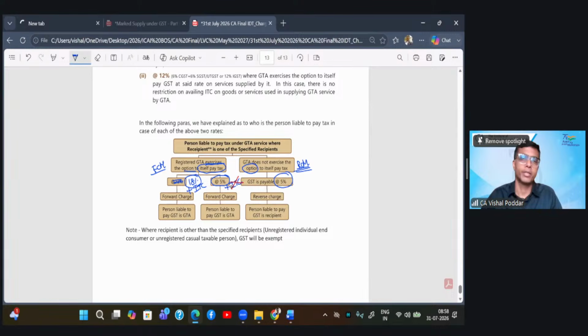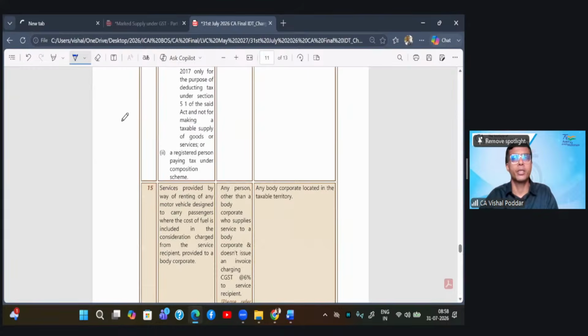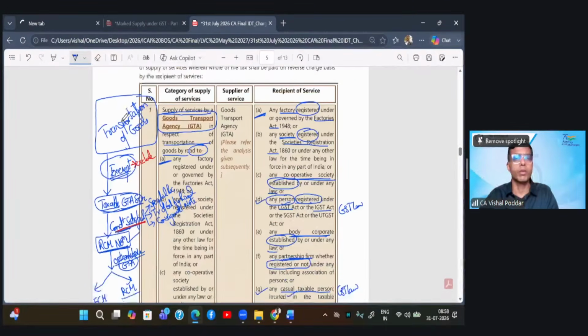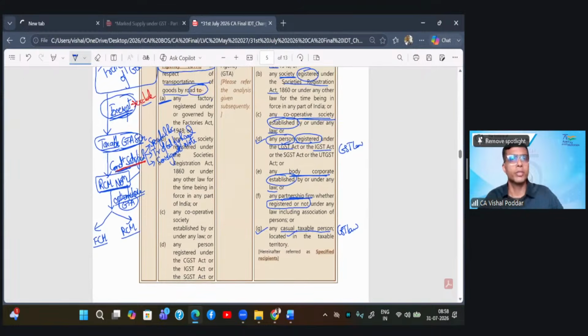So the first service, students, which is under RCM, is GTA service. And within GTA, first check if you are exempt. If you are exempt, no need to proceed further; you are outside GST, matter closed. If your service is not exempt, it means your service is taxable. Now check for the conditions. Is your recipient a specified recipient?